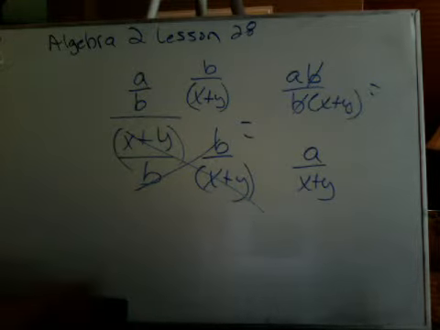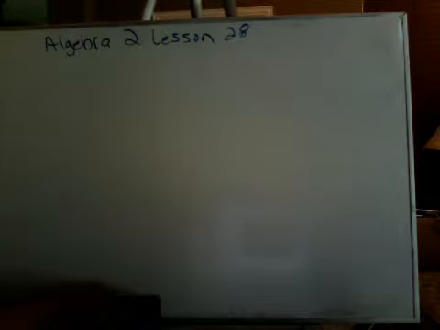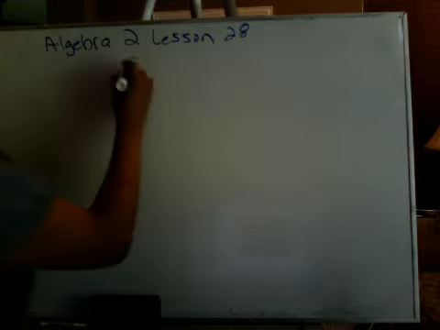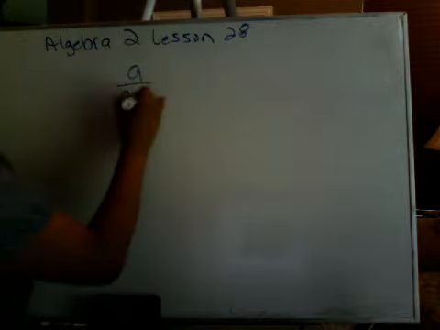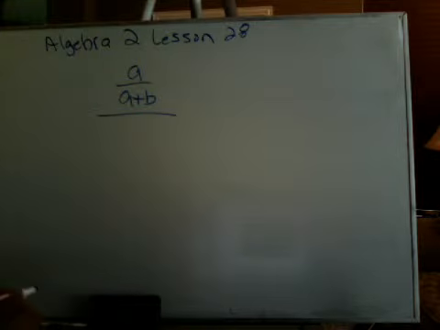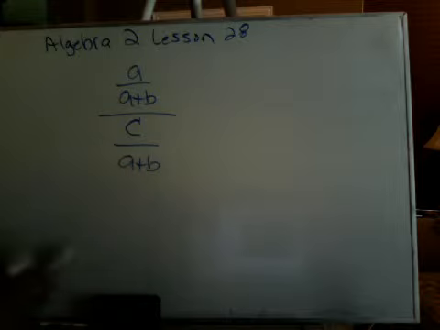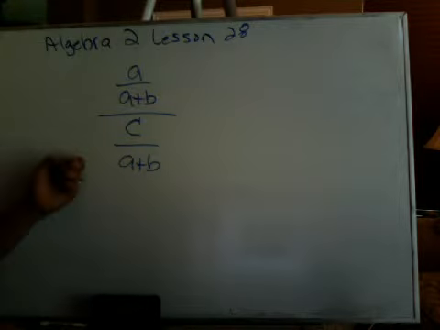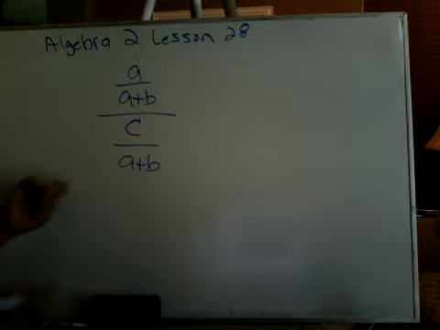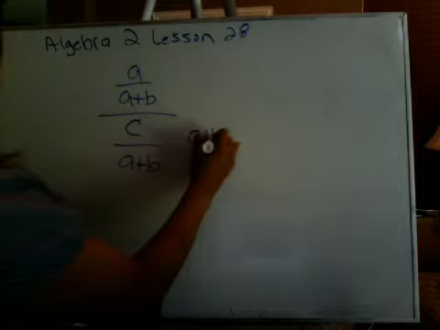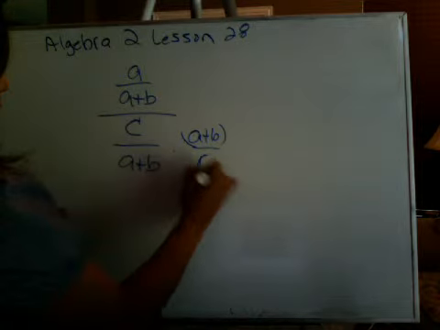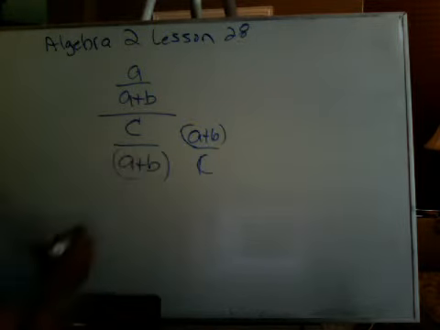So let's look at example 28.2. You have A over A plus B divided by C over A plus B. Again, we want to get rid of this denominator, and how do we do that? We multiply by its reciprocal. It's just a complicated reciprocal. It's still just a fraction.